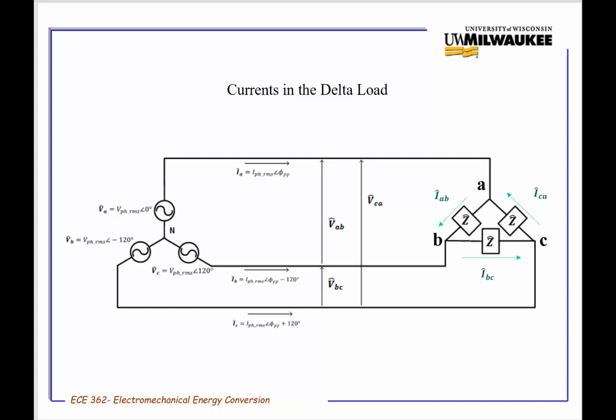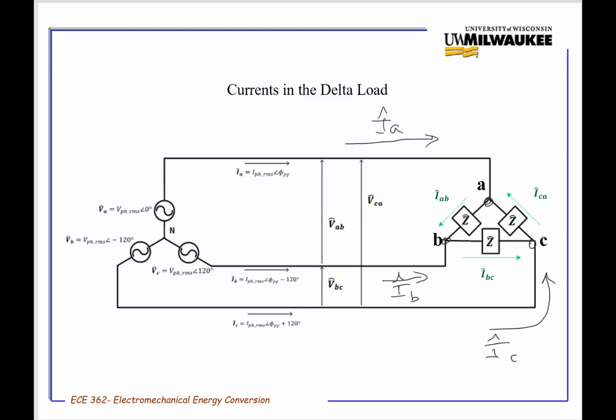Well, from this circuit diagram we can see that the three currents coming from the source, the three-phase currents IA, IB, and IC, are coming in, each of them, to a node that connects a path to another phase.